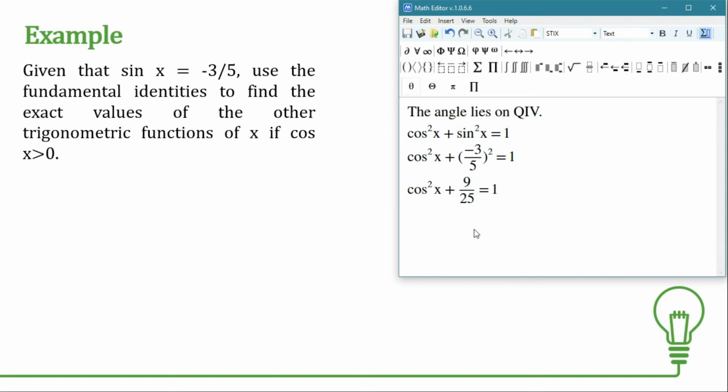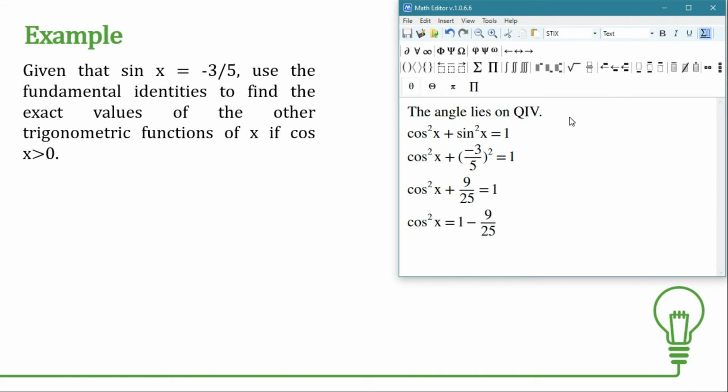And para mahanap natin si cosine, we transpose this expression to the other side of the equation, making this cosine squared x equals 1 minus 9 over 25.